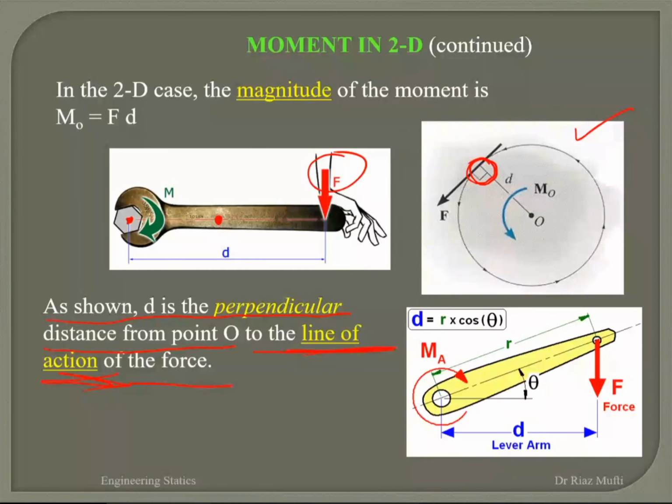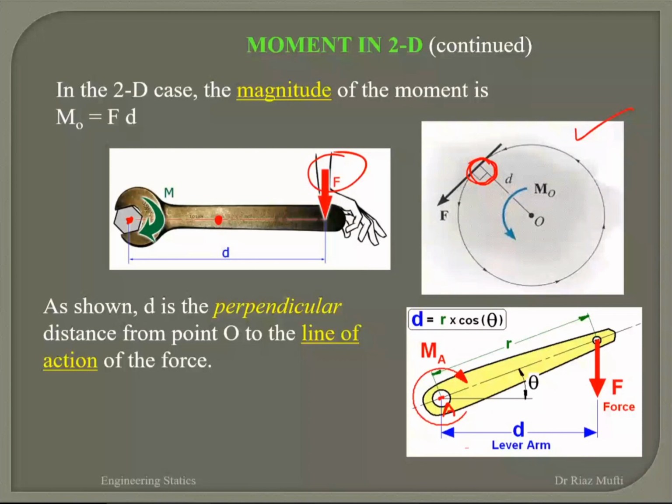Here we've got another scenario. We've got this D being applied, line of action. I can explain it here very easily. If I ask you to calculate the force moment at point A, then what will be the moment?